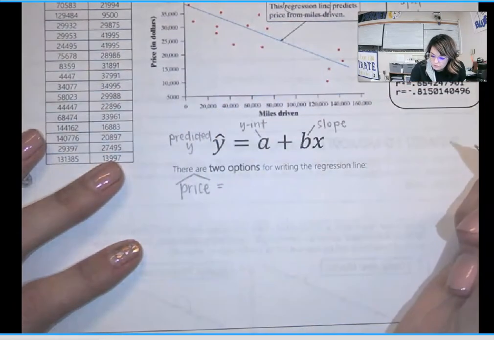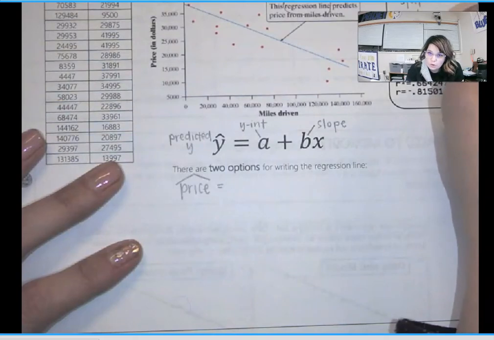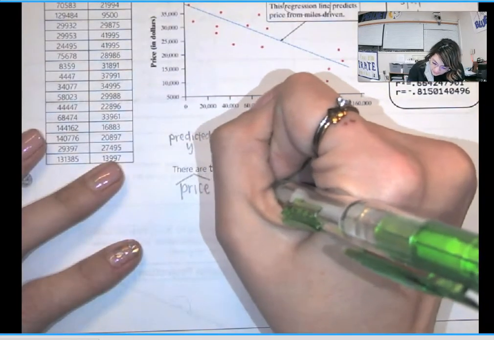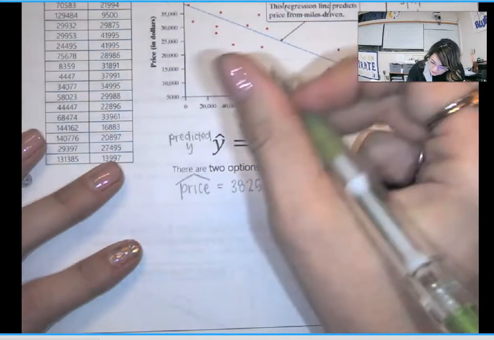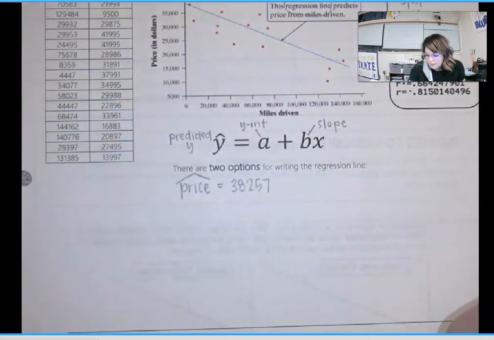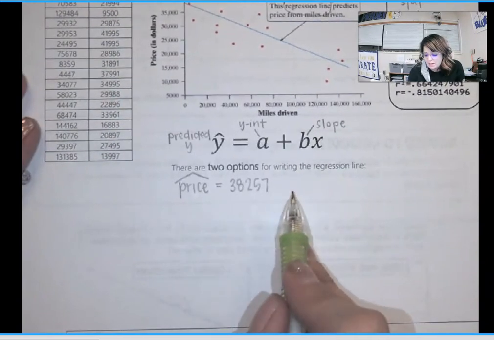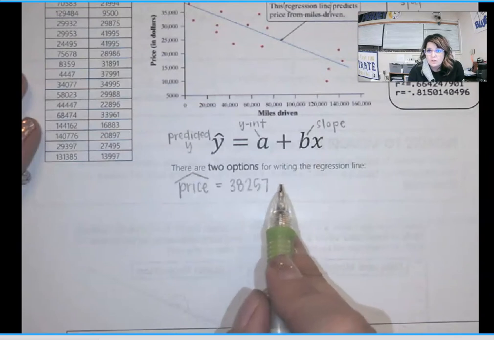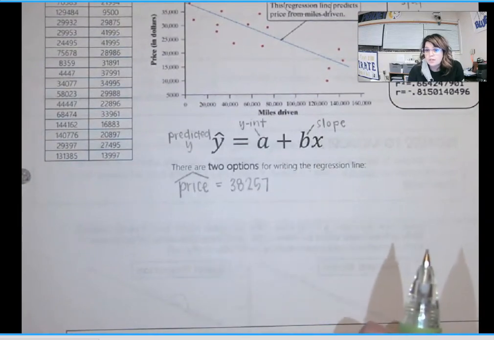Equals, okay, well, our A value, our y-intercept, is 38,257. And I'm not going to write 0.14 because this number is already really long. So I don't want to make it 7 digits long to put 14 cents on there. If you do, there's no issue with that whatsoever.